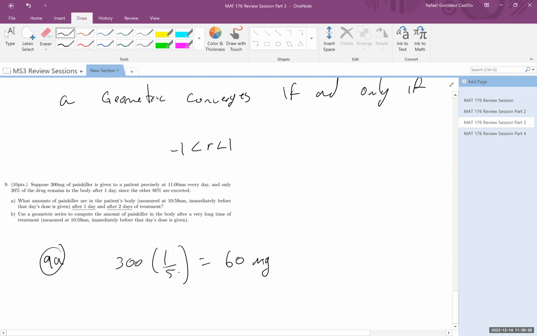How about after 2 days of treatment? How much should remain? How do you calculate the second day? We know that only 20% of the drug remains in the body after 1 day.